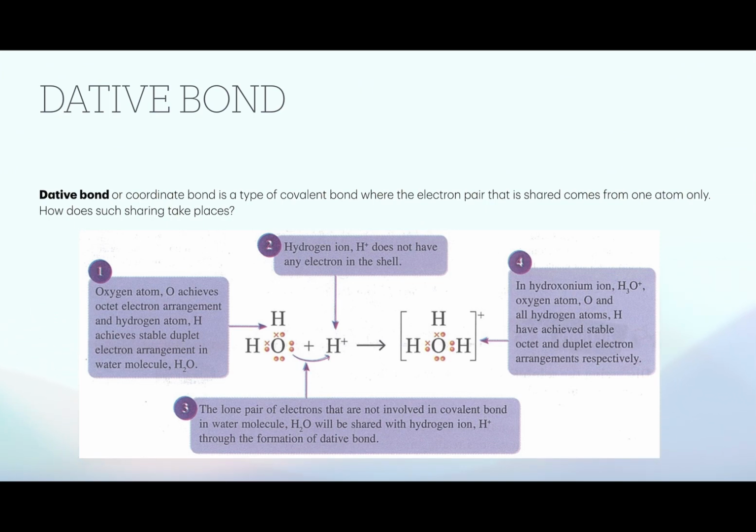The lone pair of electrons that are not involved in covalent bonding in the water molecule, H2O, will be shared with the hydrogen ion, H+, through the formation of a dative bond. In the hydronium ion, H3O+, the oxygen atom, O, and all hydrogen atoms, H, have achieved stable octet and duplet electron arrangements respectively.